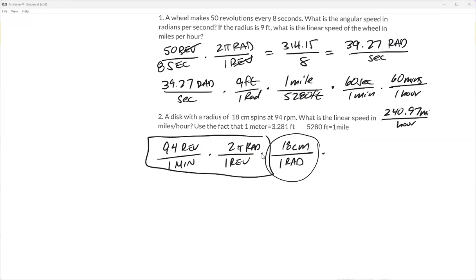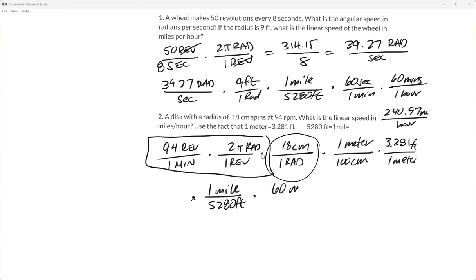So it would be 1 meter over 100 centimeters times 3.281 feet over 1 meter times 1 mile over 5,280 feet times 60 minutes over 1 hour.